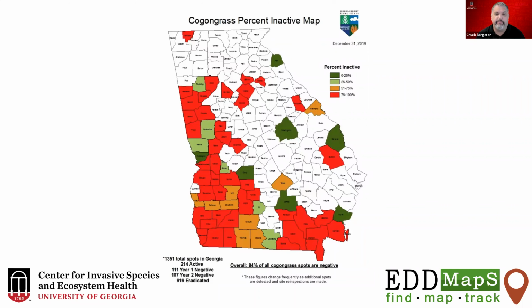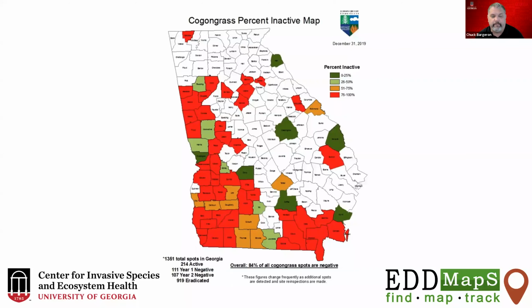This is a recent map showing that 84% of all those known populations were negative, and 900 of the 1,300 have actually been completely eradicated.